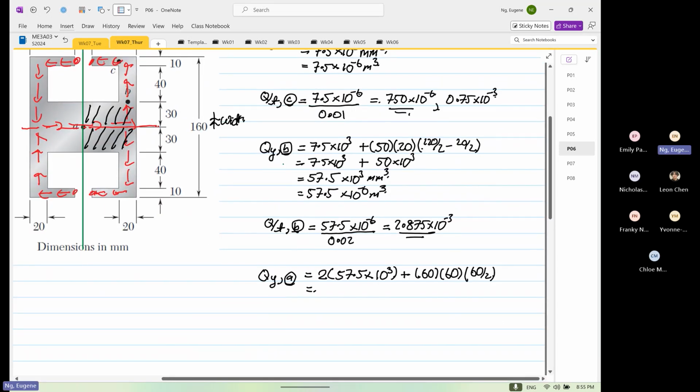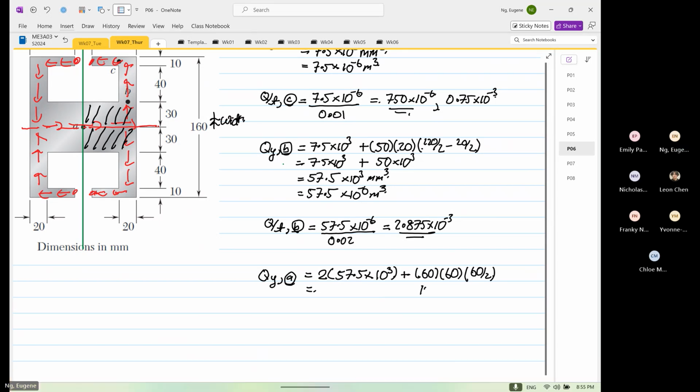So this is equal to 60 times 60 times 60 divided by 2, which is 108. And 57.5 times 2 is 115. So this is equal to 115 plus 108, which is 223 times 10 to the power 3 millimeter cube, also equal to 223 times 10 to the power minus 6 meter cube.